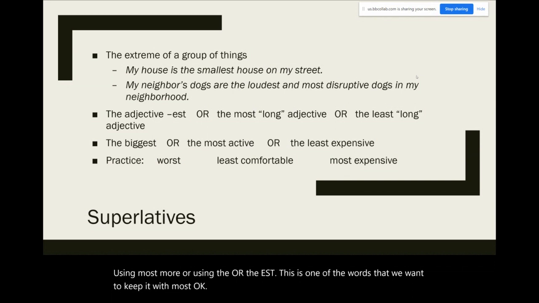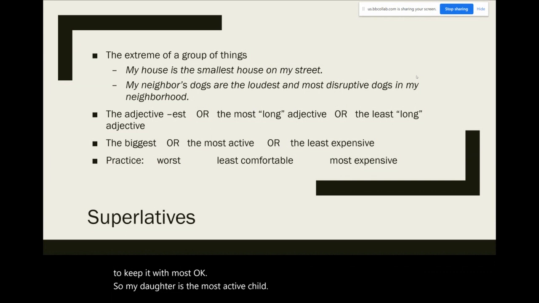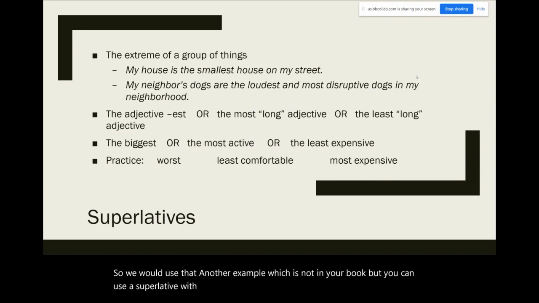So my daughter is the most active child of all my kids, okay? So we would use that. Another example, which is not in your book, but you can use a superlative with the least. Least is the opposite of most, okay?